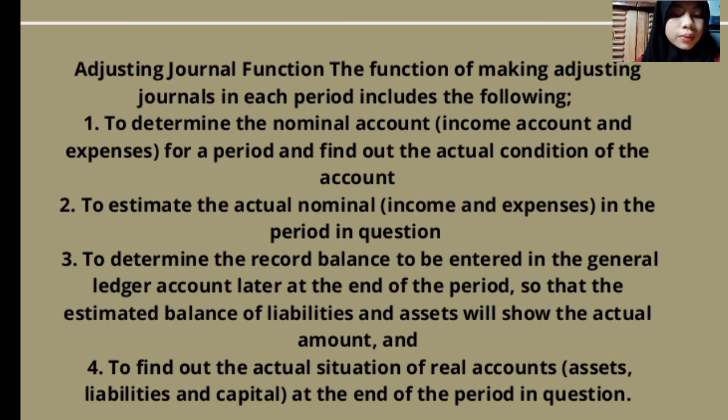Number three, to determine the recorded balance to be entered into the general ledger accounts later at the end of the period, so that the estimated balance of liabilities and assets will show the actual amount. And number four, to find out the actual situation of the real accounts, assets, liabilities, and capital at the end of the period in question.